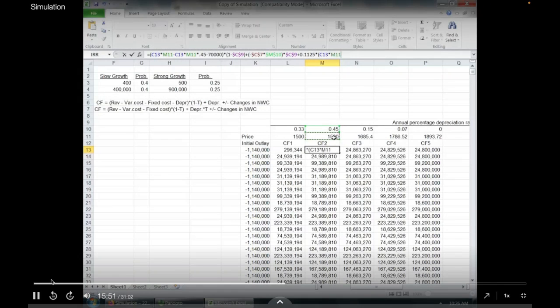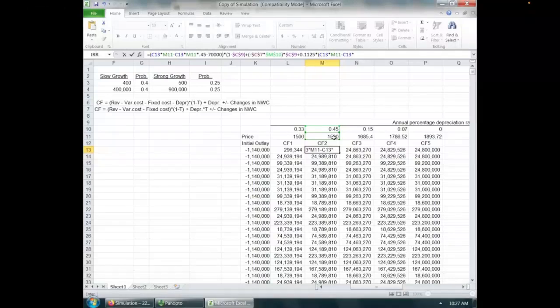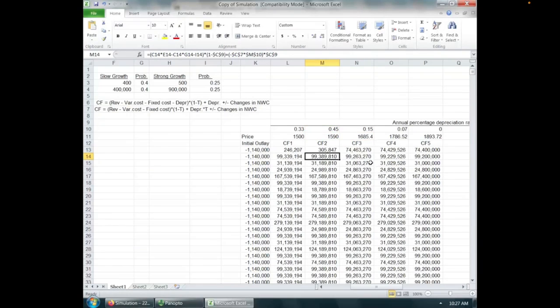So that would be revenue in year 2, minus the revenue in year 3. So again, I take the units, which I have in cell C13, and I multiply by the price in year 3. And there you have the cash flow in year 2. And so on.